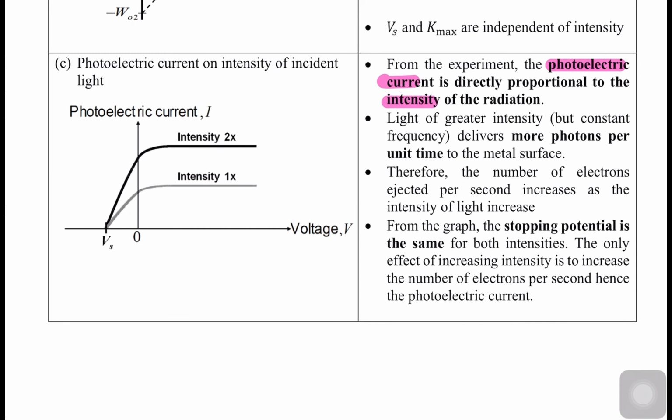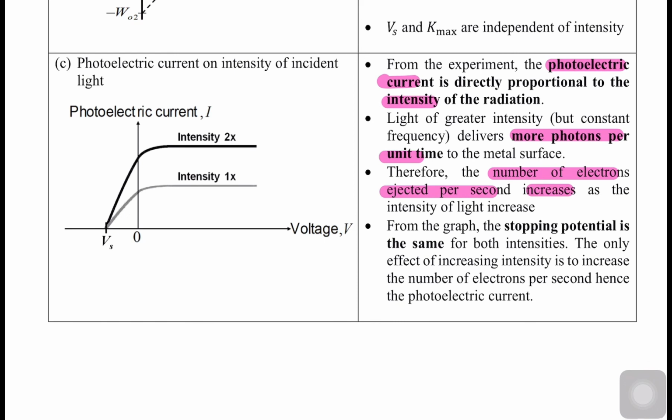Frequency kita sama, intensity kita naikkan, delivers more photons per unit time. Maksudnya bila intensity awak tinggi, lagi banyak photon yang akan sampai kepada metal surface. So menyebabkan the number of electrons ejected per second increases as the intensity of the light increases.